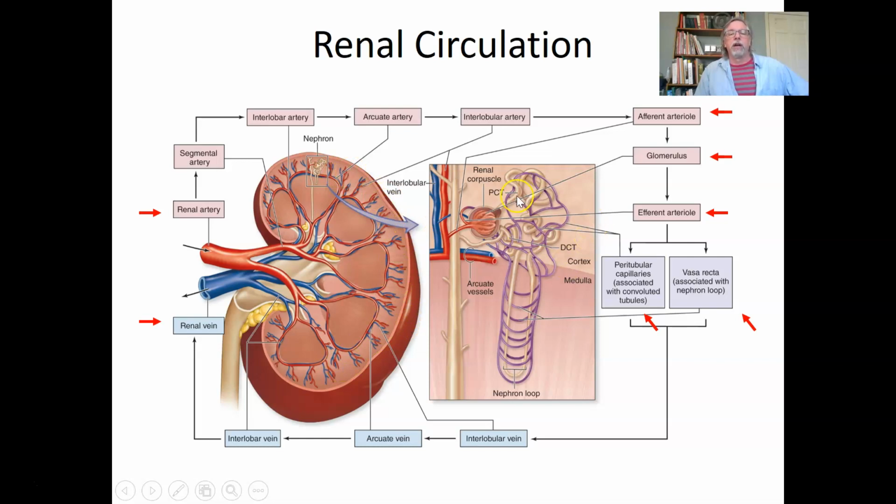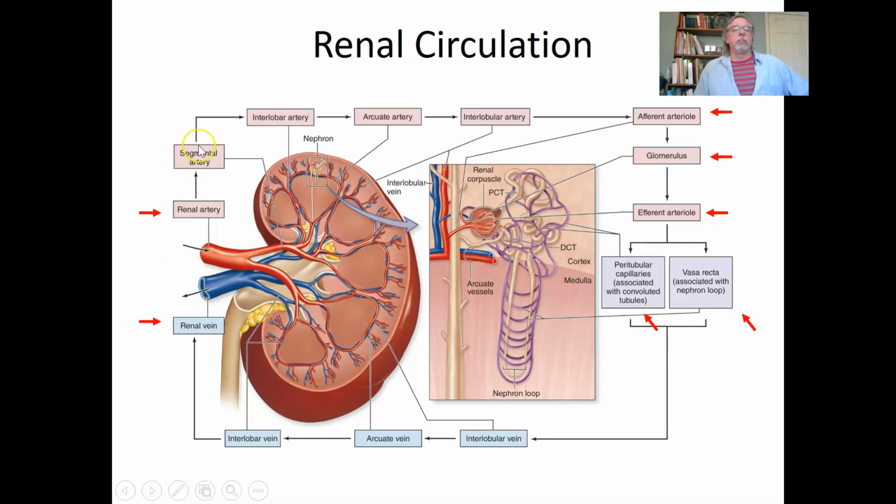There are structures called nephrons. That's what's shown on this slide. We're not going to go into those quite yet, but blood is going to be delivered to the nephrons, and that's where filtration occurs. And then blood is going to return back through the medulla to the renal vein and exit from the kidney. So entry, filtration, and then exit.